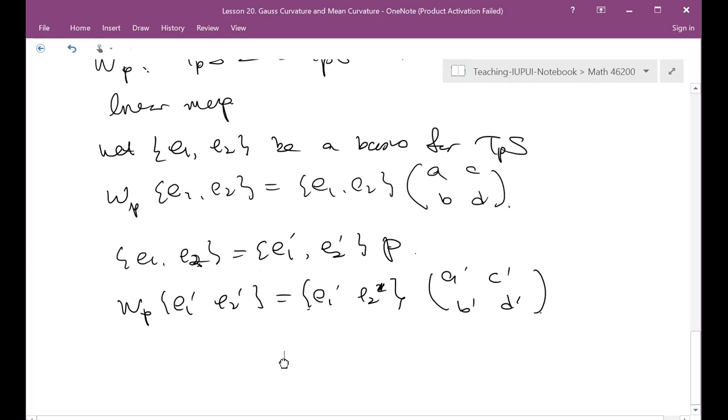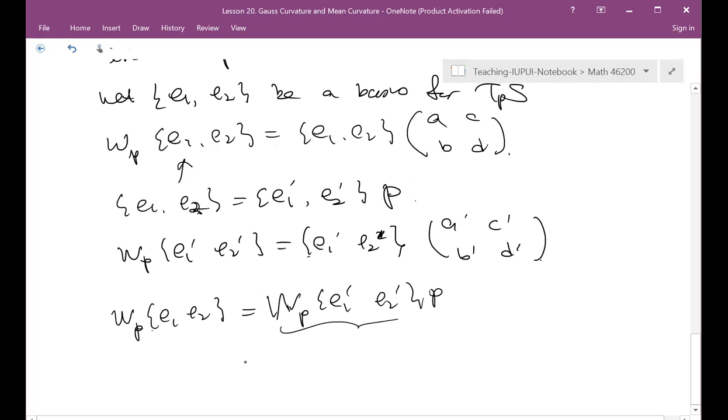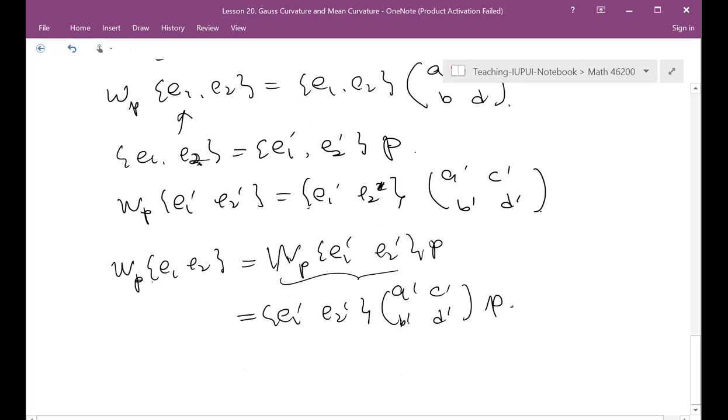So you just put it here. So W P, right? Then you act on this, and this part will be E1 prime, E2 prime, and A prime, C prime, B prime, D prime, and this is a P. But according to this identity, this is E1, E2, and the inverse.